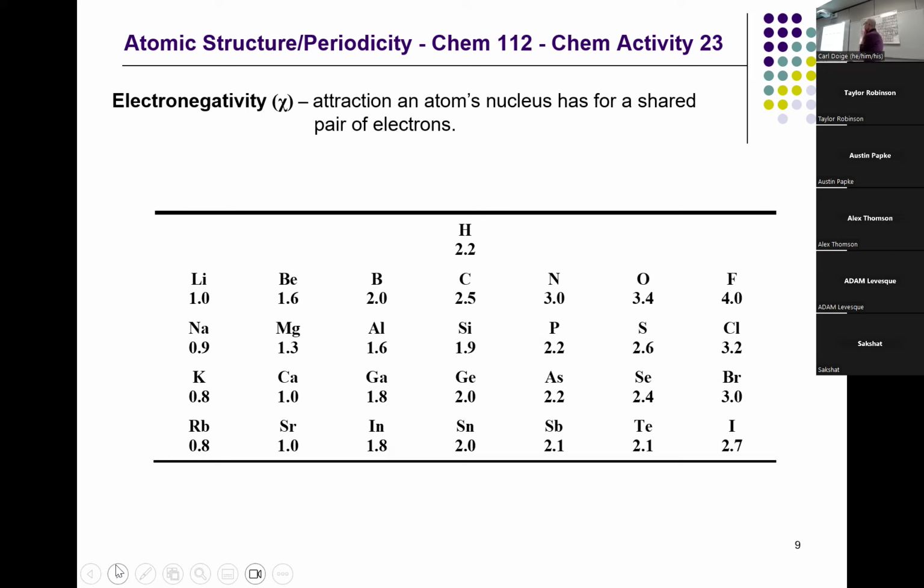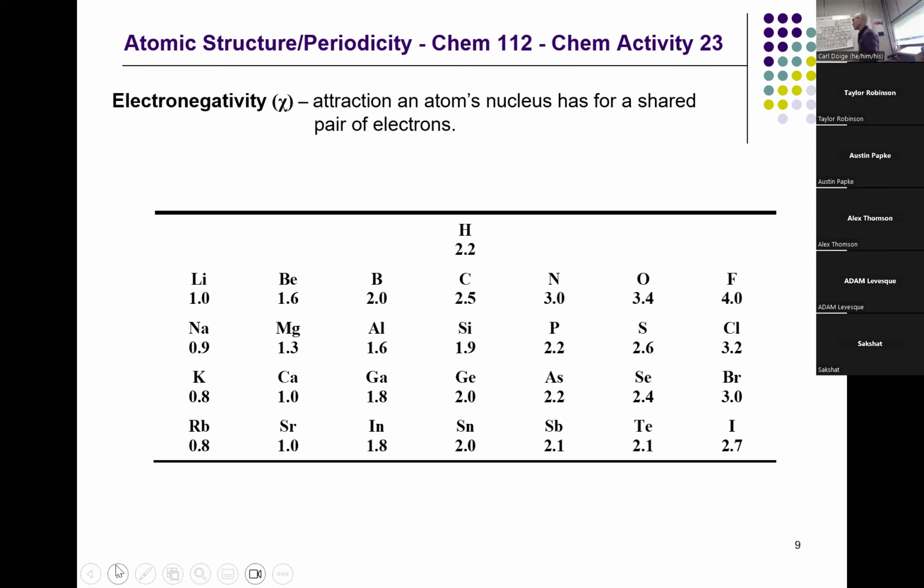Now, I don't usually just ask students for definitions in terms of tests, but I think it's really helpful to know what the definition of electronegativity is. The attraction that the atom's nucleus has for a shared pair of electrons. Typically it relates to covalent bonding, when we have shared electrons between atoms, and that's what we're going to be looking at on Friday. The scale was initially developed by Linus Pauling.